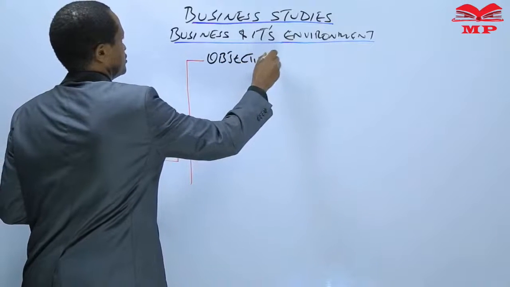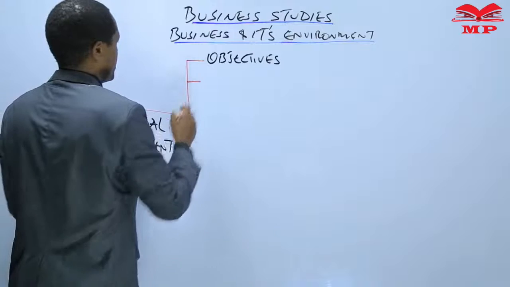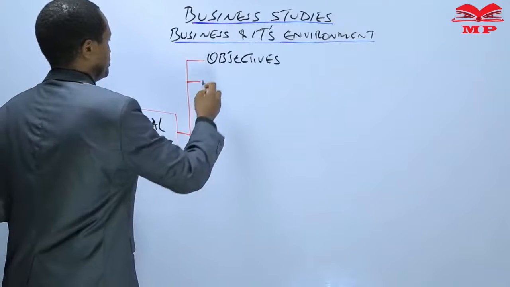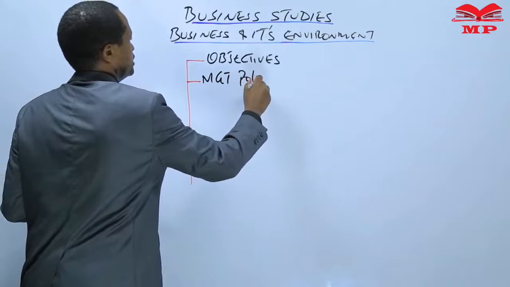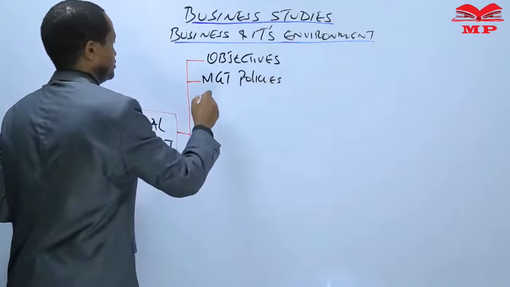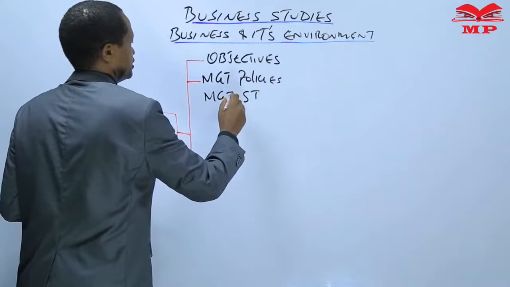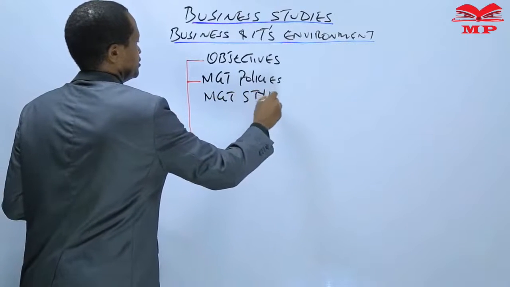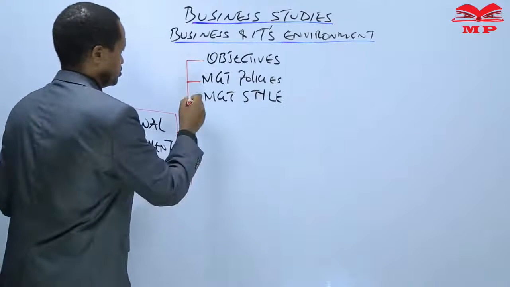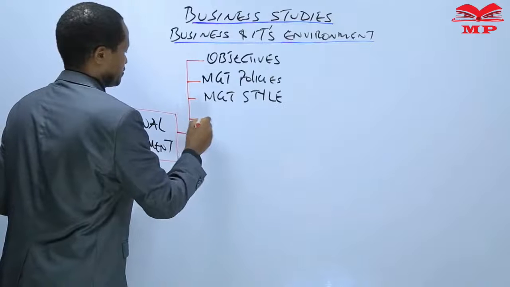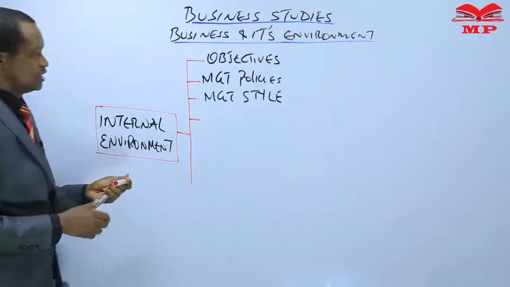Then number two, management policies. Then we had management style. Today we want to discuss the other internal factors.